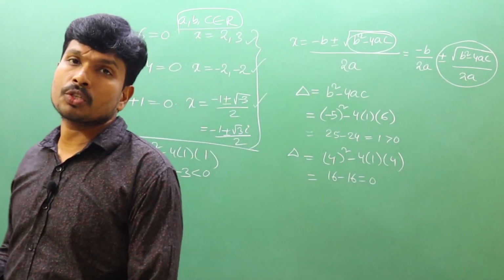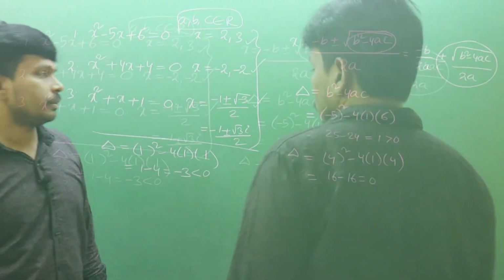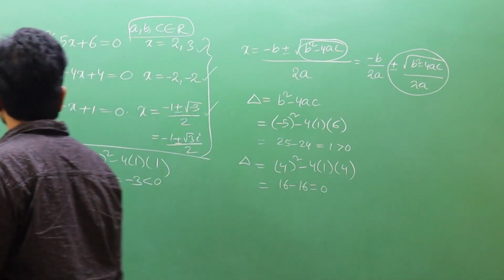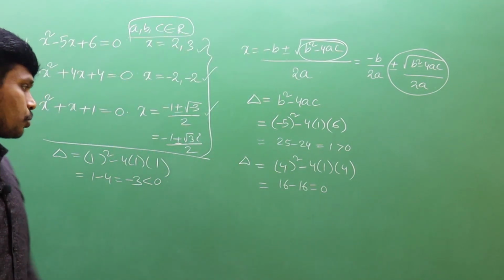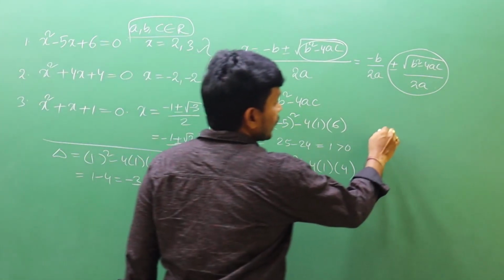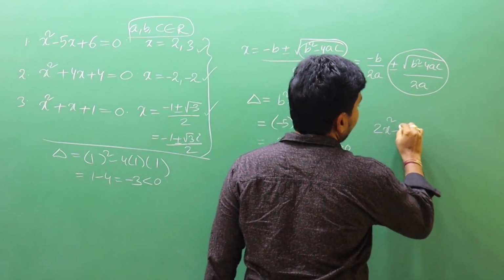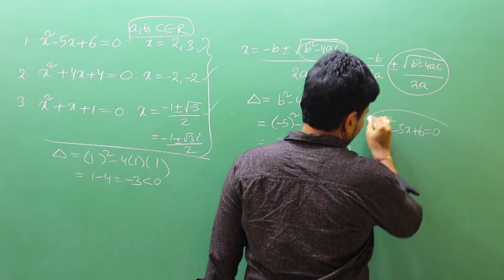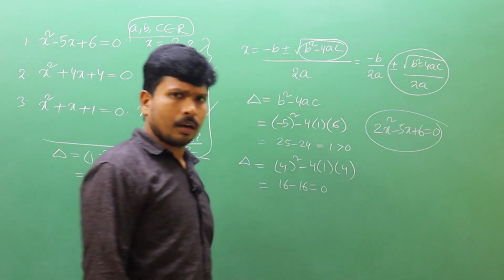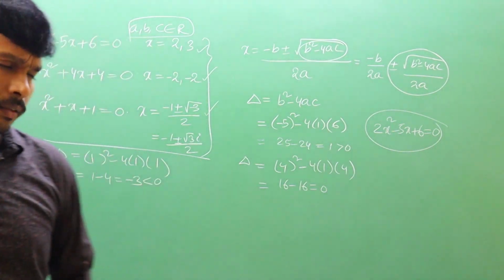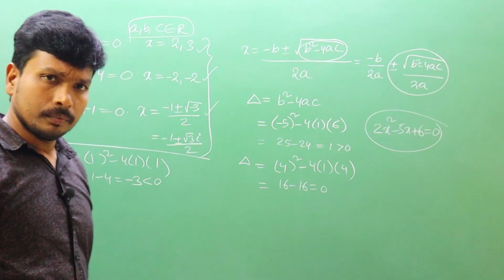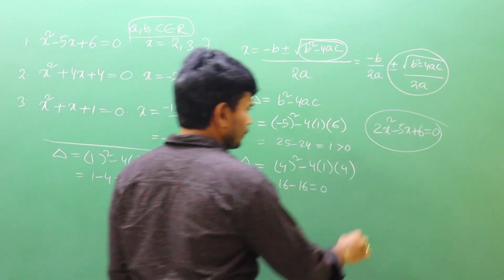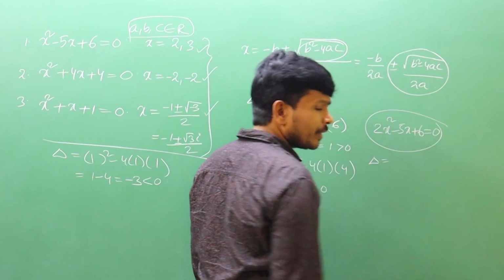Complex numbers conjugates to each other. Okay, just one problem I'm giving you. Get ready, my dear students: 2x square minus 5x plus 6 equal to 0. What is the nature of these roots? Find out delta. Pause the video and try to do it.